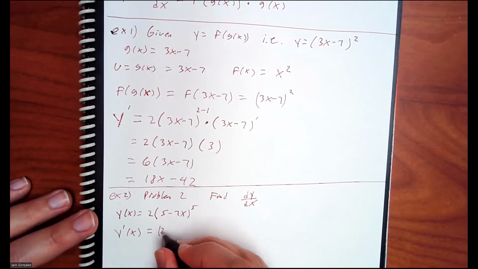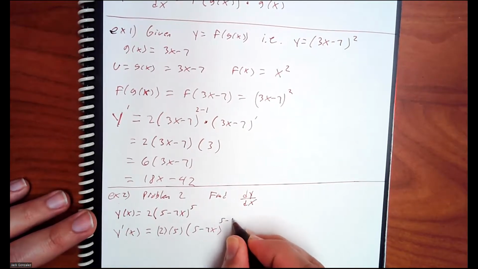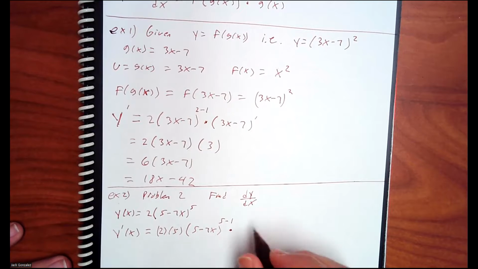So you bring down the 5, right? Just like we've always done. And then I subtract 1, right? So we're basically pretending it's a 2x to the 5th. Does that make sense? Then you multiply by the derivative of the inner function. What is the inner function? Write it with the x in front? What do you mean x in front?